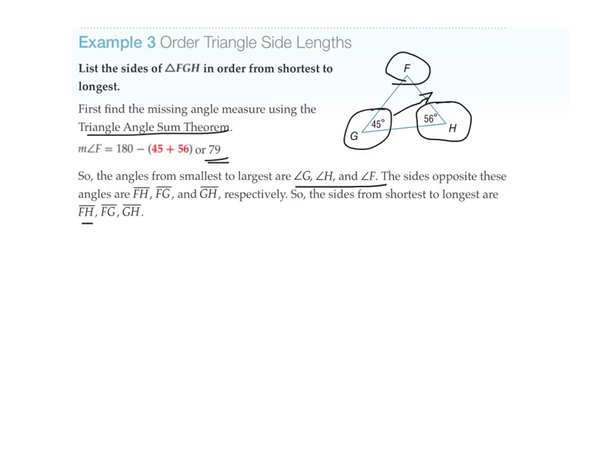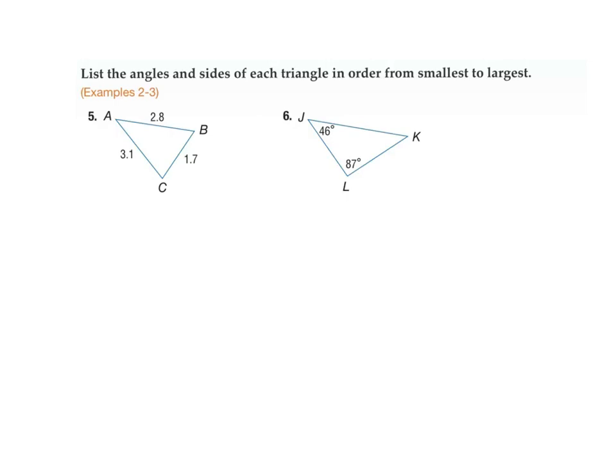The middle angle is H, so that must be the middle side, so FG must be the middle. And then finally, by default, if F is the biggest angle, then the opposite side must be the biggest side, GH.